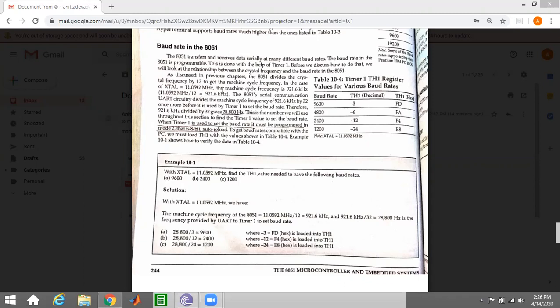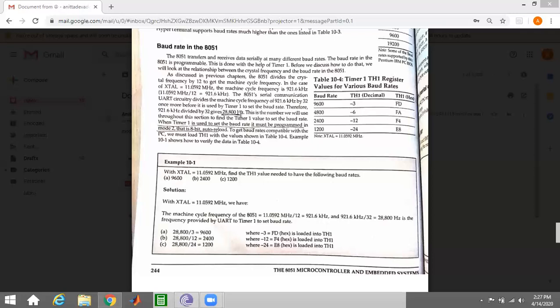For the earlier communication, what did we do? We divided by 12, right? Now we have to divide that answer again by 32, so that you get 28,800 hertz.